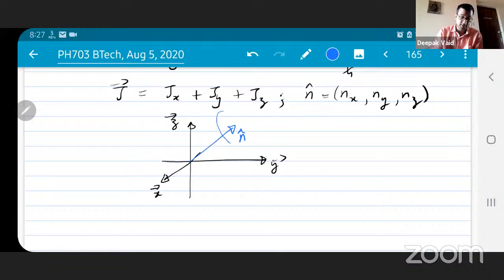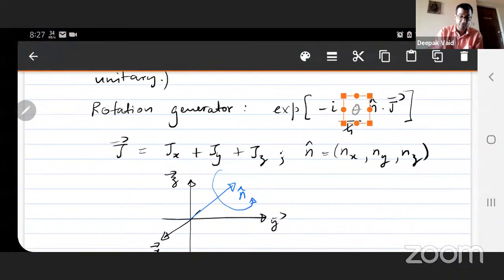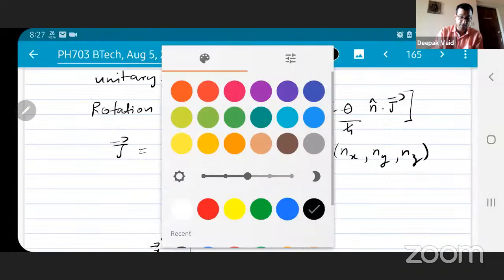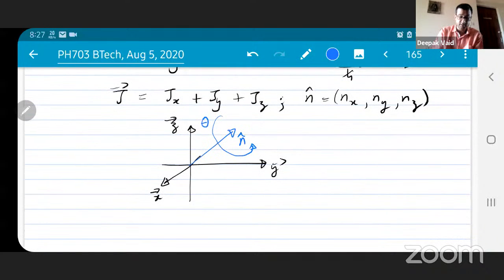And then you rotate the system around this axis by an amount delta theta. So instead of delta theta, I can just say theta because this is a finite rotation. You rotate the system by an amount theta around this axis, right? And this is represented by the rotation operator.